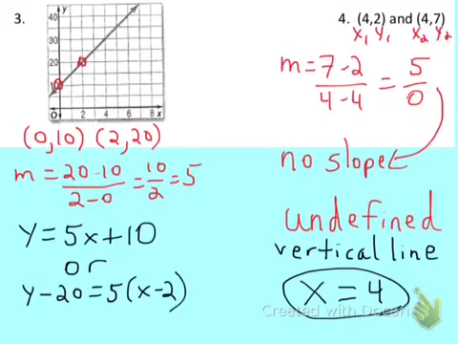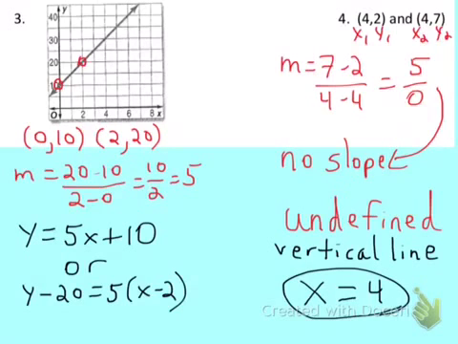Now, there is a trick to remembering how to write the equation of a vertical line. The way I like to think about it is a vertical line only crosses the x-axis. It does not cross the y-axis. Since it only crosses the x-axis, there's just an x in the equation. If we had a horizontal line, on the other hand, a horizontal line only crosses the y-axis. Therefore, we would write that equation of the line with just the letter y in the equation.